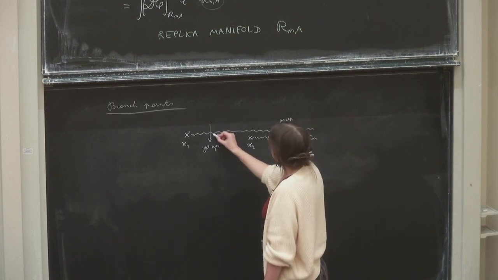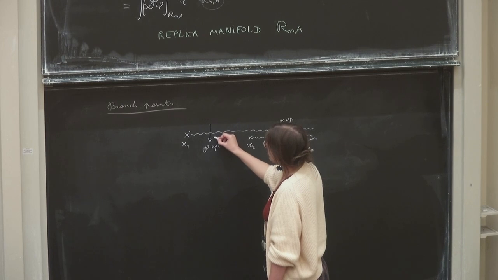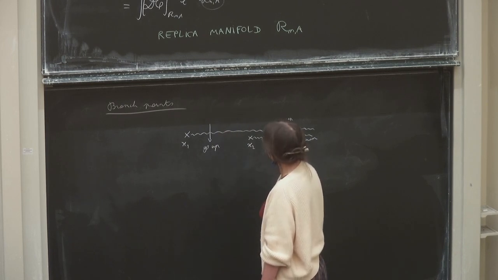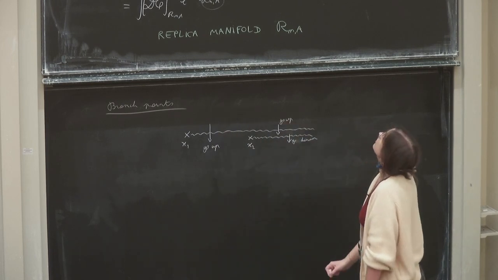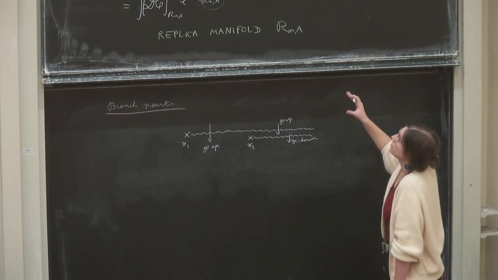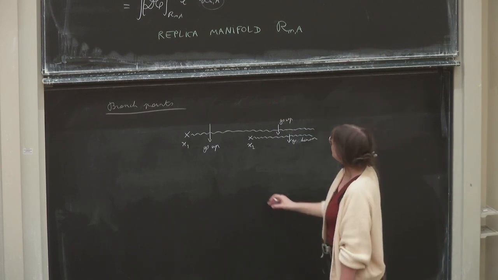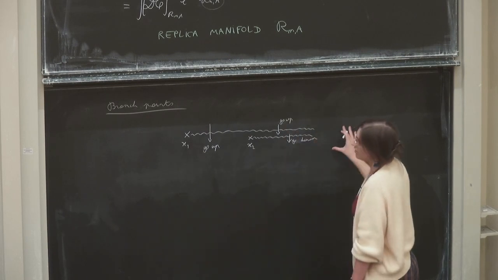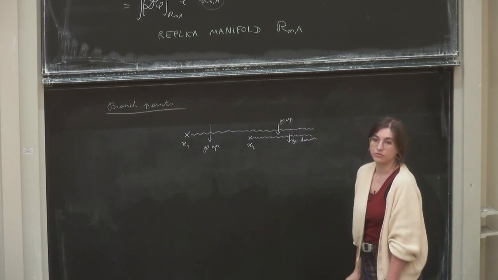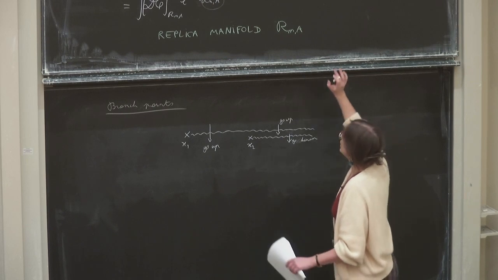Right, in the inside region you actually do go up but then back down again. So that picture of what is happening in your manifold you can think of as having branch points at x1 and x2. That's just a point to make here.